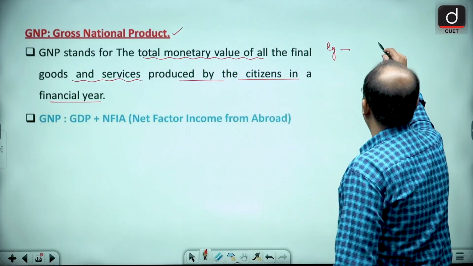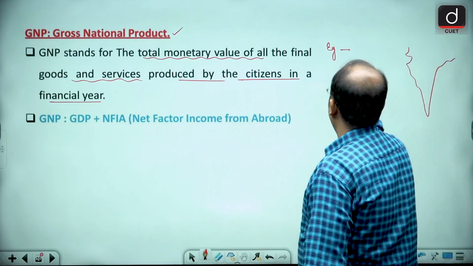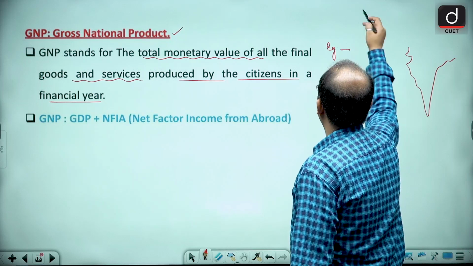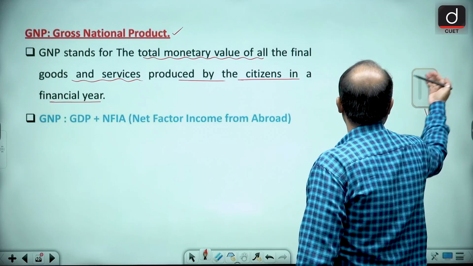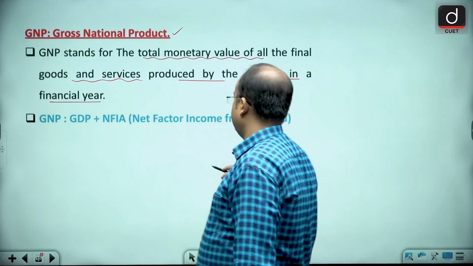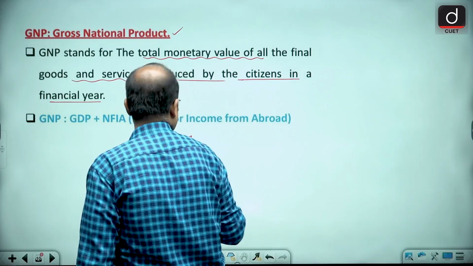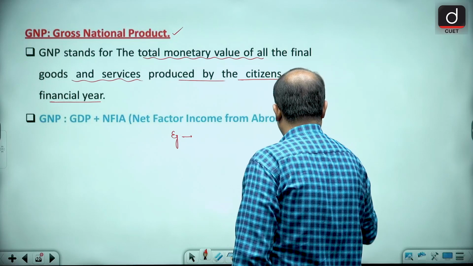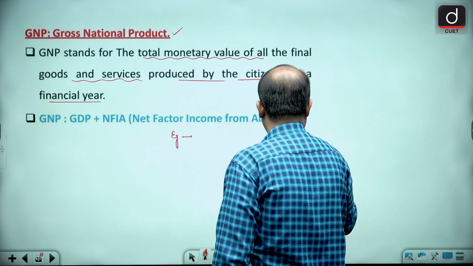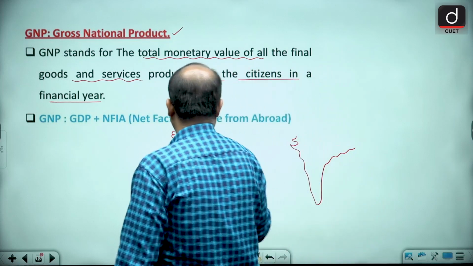For example, my dear learners, this is India, and here is a foreign nation, that is USA. This is a rough map, not a real map at all.